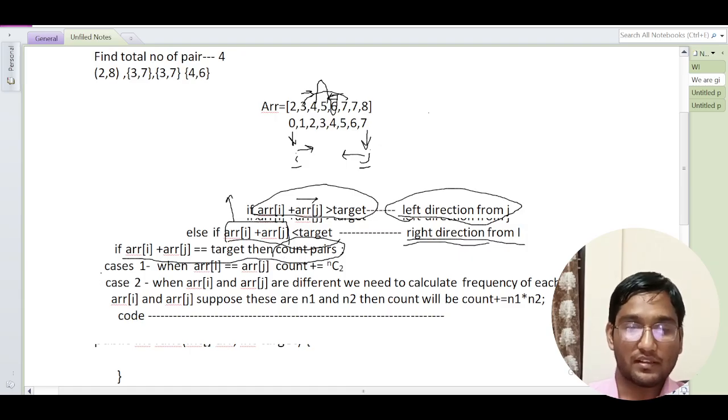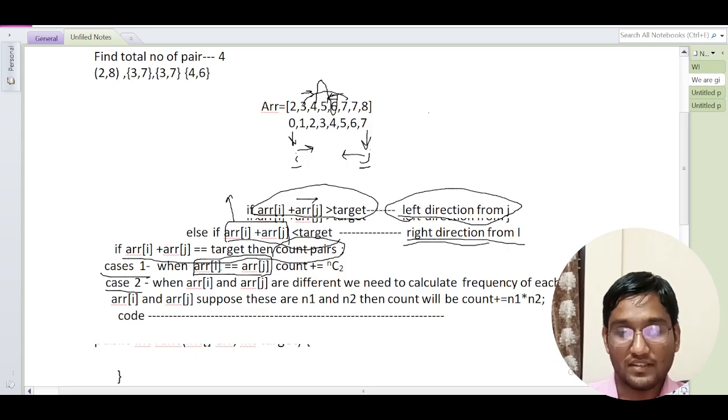So for that matter, we need to think about case 1 and even case 2. In case 1, when array of i is equal to array of j, we need to find the length of this i and j, because the length from i to j will give the frequency of array of i.